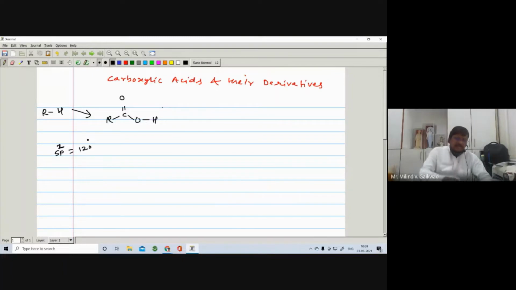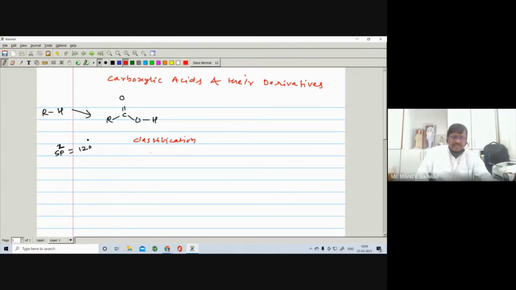So try to remember some of the examples, their structures and their names. Now, the classification of carboxylic acids.